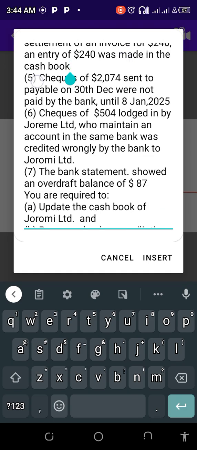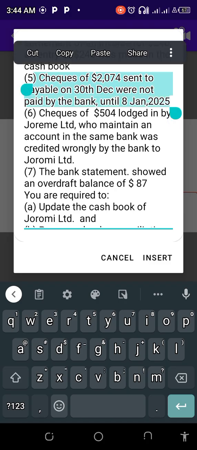Number 5 says a check of $2,074 lodged by Jerome Limited, sent to the payee on the 30th December, was not paid by the bank until January 2025.